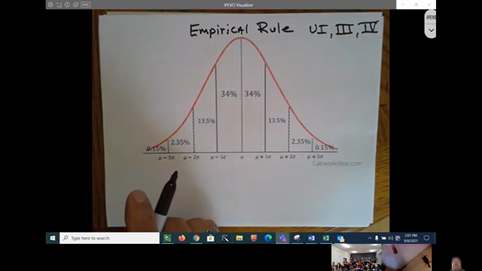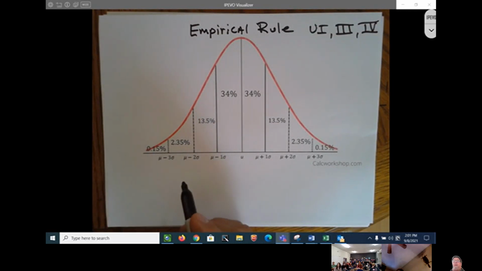So if you choose to ignore the empirical rule, then you probably fail the class. Okay, so I want you to remember the empirical rule.